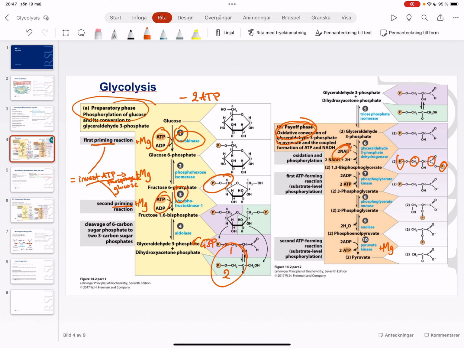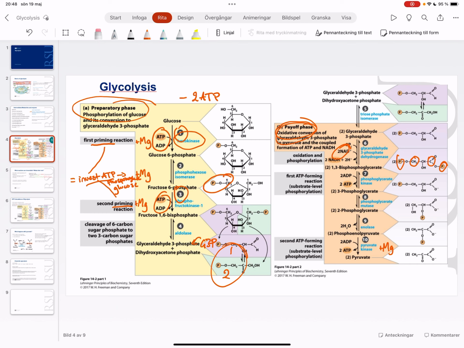Okay. Then we will go from 1,3-bisphosphoglycerate to 3-phosphoglycerate, and we will do that by phosphoglycerate kinase. Again, a kinase means the transfer of a phosphate between ATP and substrate. So here will be our first ATP-forming reaction.